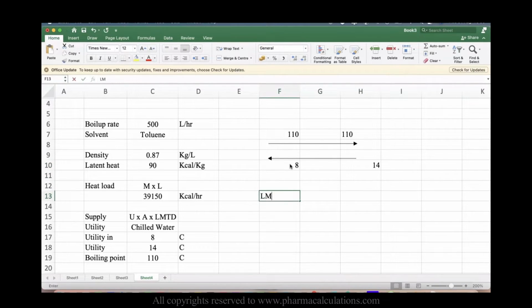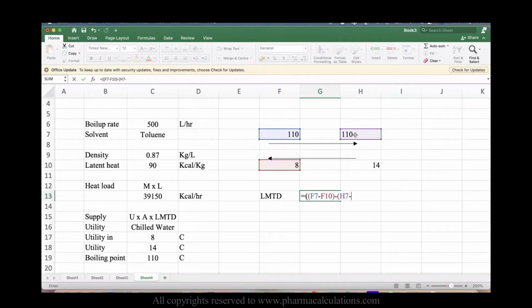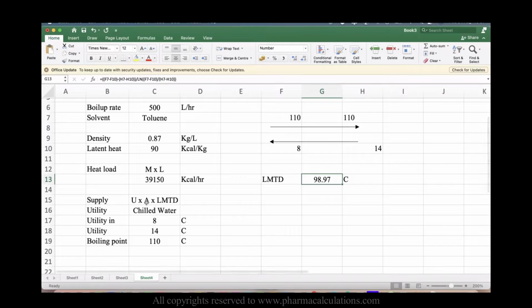So the LMTD is estimated as (110 minus 8) minus (110 minus 14), divided by ln of (110 minus 8) divided by (110 minus 14). The LMTD is around 98.96 degrees.